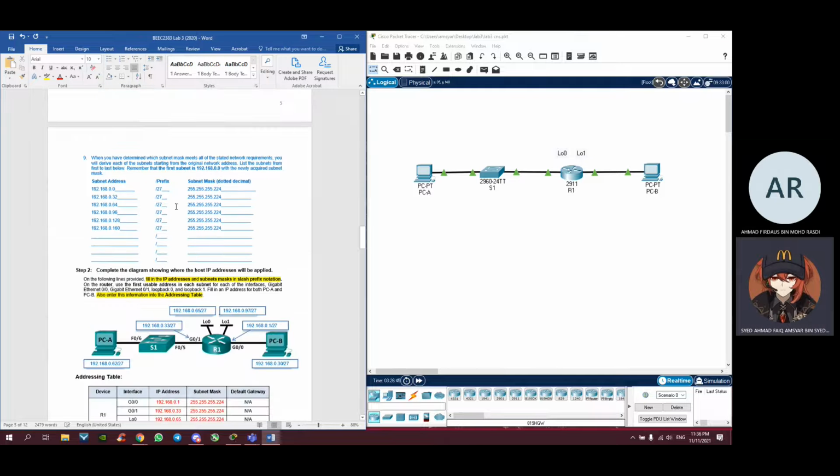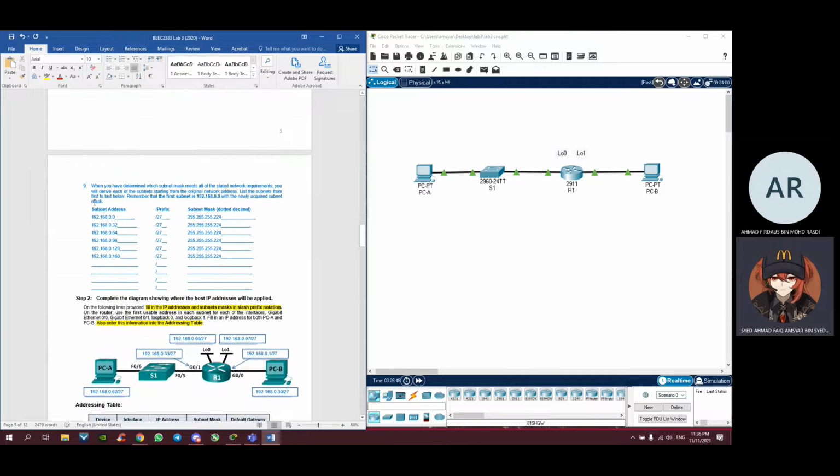Okay, and then number 9, we know that the first subnet is 192.168.0.0. From this first subnet we can derive the other subnets.